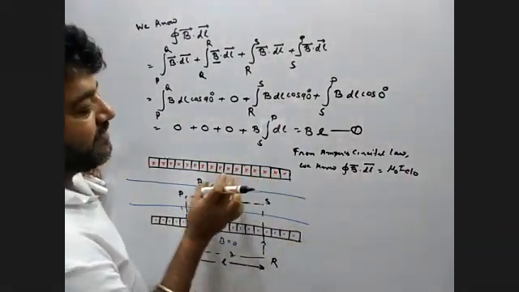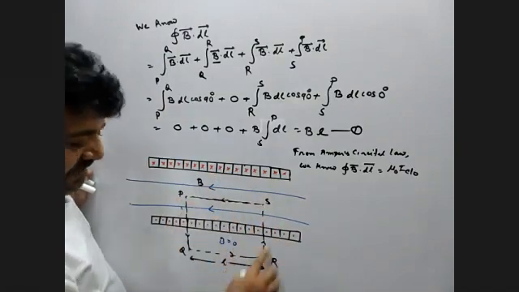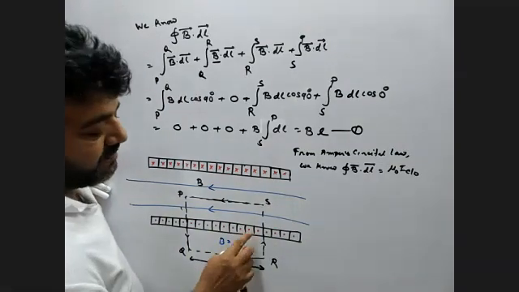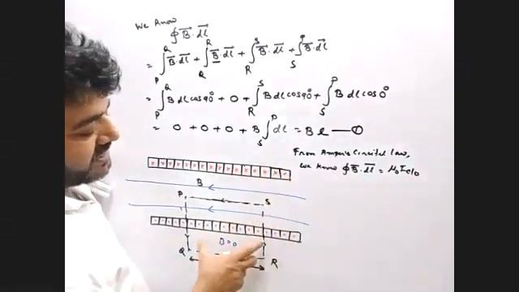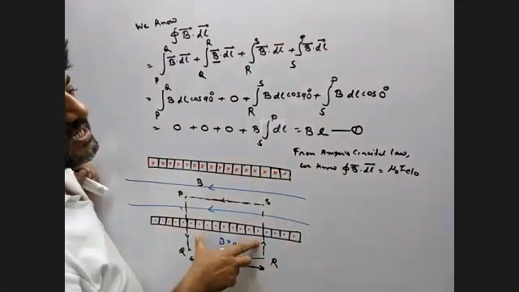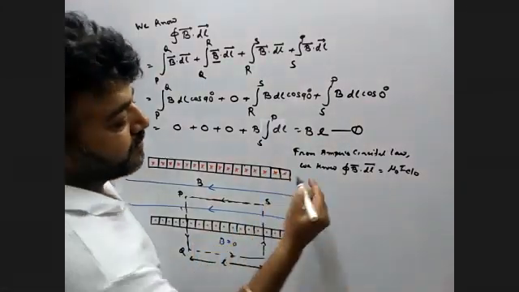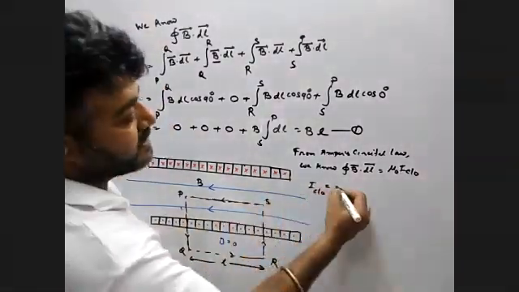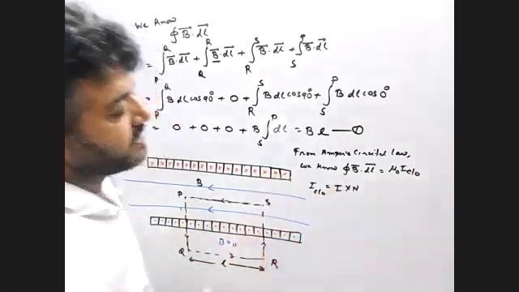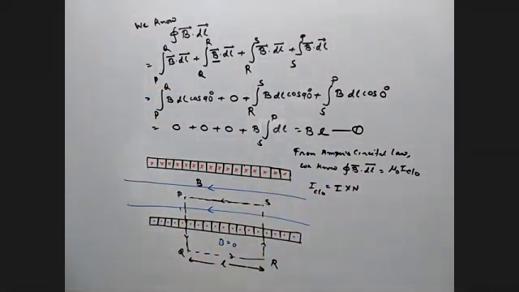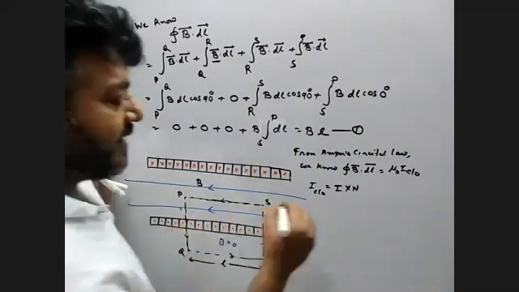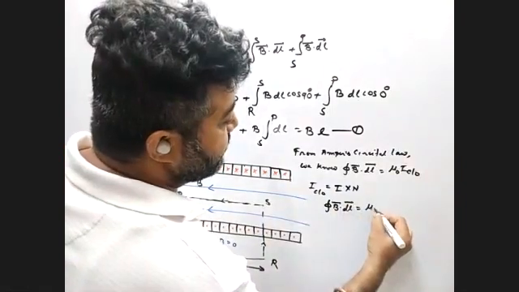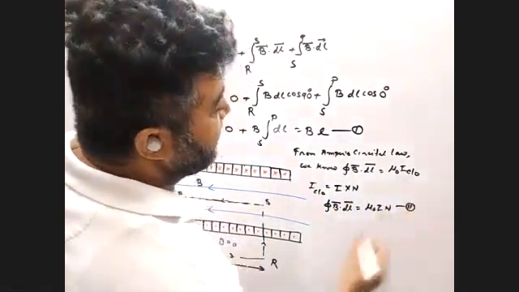So for each turn the value of the current is I, and let the total number of turns in that portion be n. That means if I take one turn, two turns, three turns, and within that there are n turns, then the current is I into each turn. So the total current enclosed within that loop is current into the total number of turns. Yes or no? Yes, sir. So I can write closed integral of B dot dl as mu naught I n. Let it be my equation number 2.